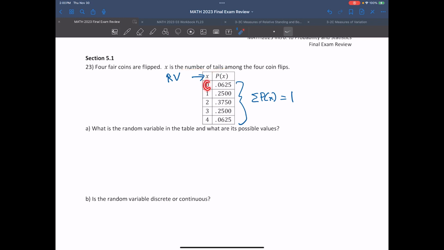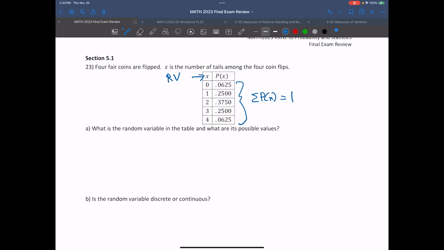So there is a 0.0625 probability of getting 0 tails. There is 0.25 or a 25% chance of getting just 1 tail, and then 3 heads. And then here there is a 0.375 probability of getting 2 tails and 2 heads, and so forth.